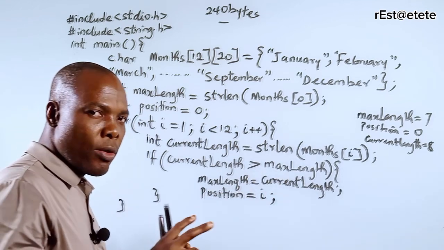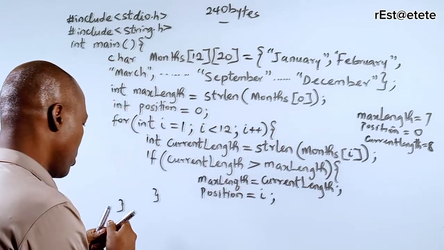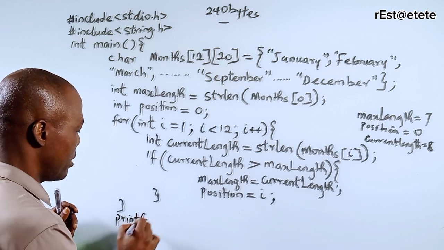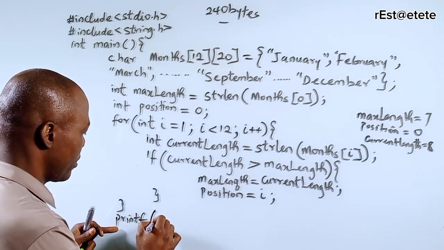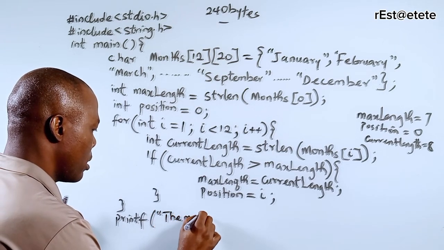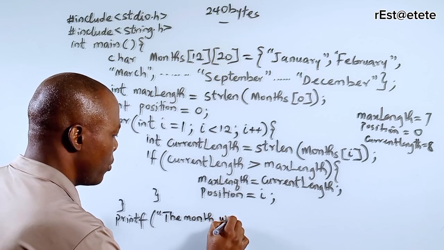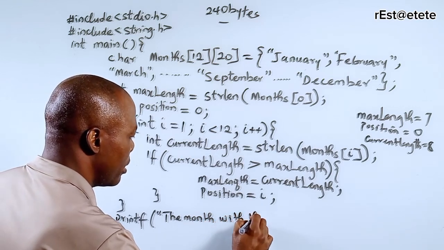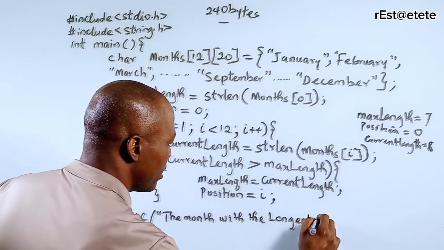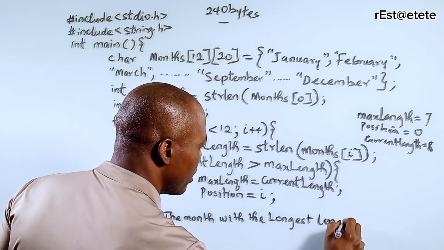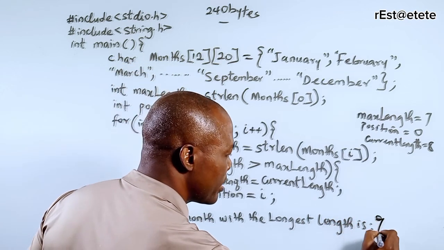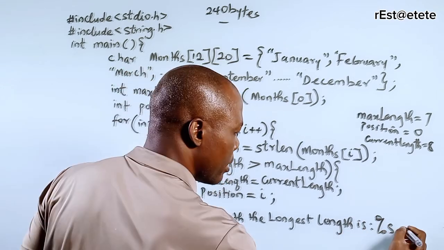Now I'm going to write what should be printed out on the output. So here I will say printf. I hope you can still see. printf, "The month with the longest length is", here I'll put %s, right?